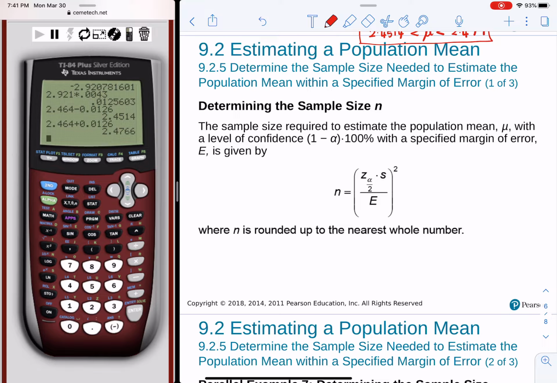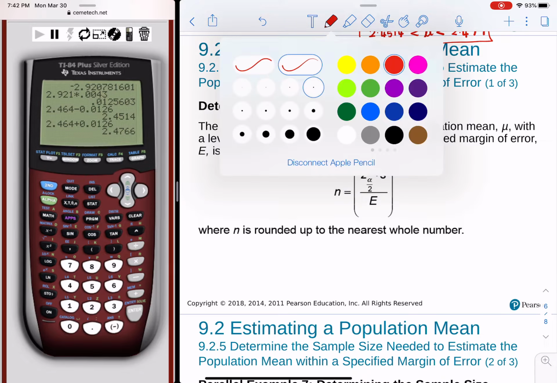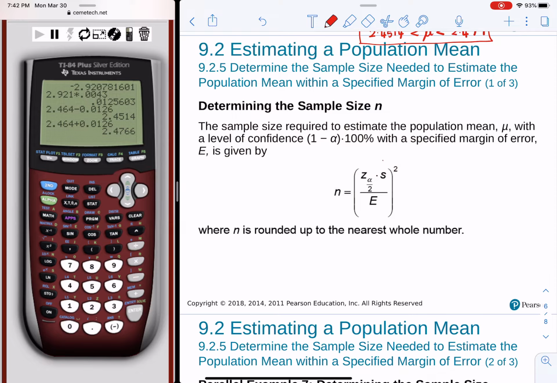In order to do that, we want to know the margin of error that we desire in finding the interval in our new study, and we have to know the standard deviation from the previous study. So that standard deviation is a known value. The E right here is the desired margin of error.